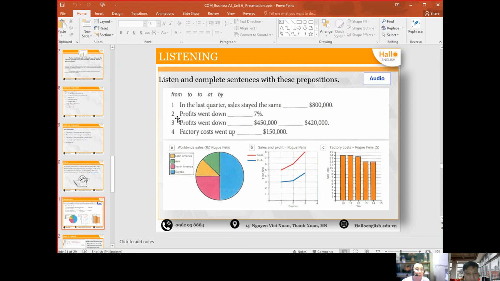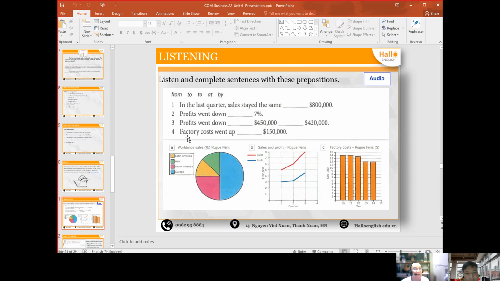Next, profits went down by 7%. And then profits went down from $450,000 to $420,000.